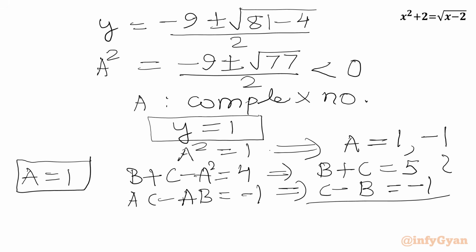If a is 1, then we will be getting c minus b equal to -1. Now we will add these two, and we will subtract the second equation from the first one. So we are going to get c equal to 2 and b equal to 3. So for the value a equal to 1, we have b equal to 3 and c equal to 2. Now we will check for a equal to -1.